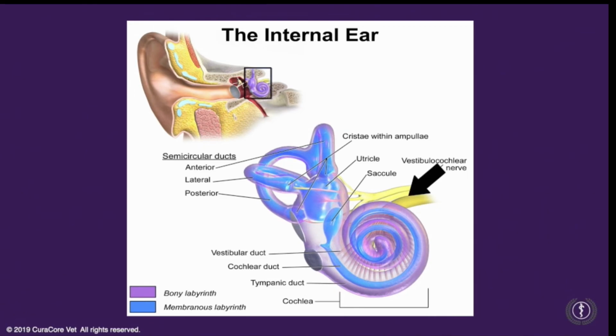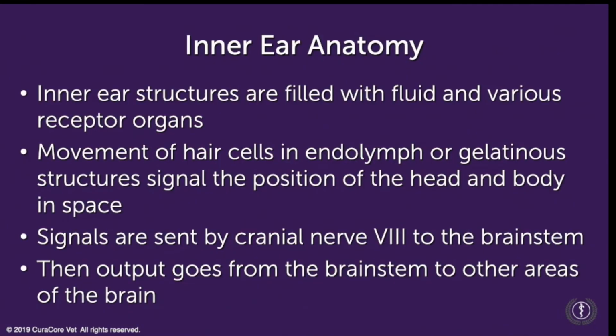The other thing to note here is the vestibulocochlear nerve, and also the facial nerve, which is not in this diagram but runs close to that nerve. So sometimes dogs can have some facial nerve issues when they have vestibular problems. The inner ear has these receptor organs, and they're filled with fluid with various levels of viscosity, and then also have some gelatinous caps on some hair cells.